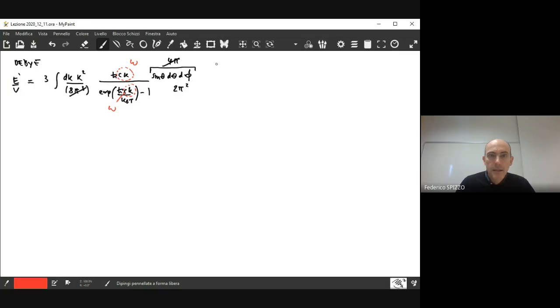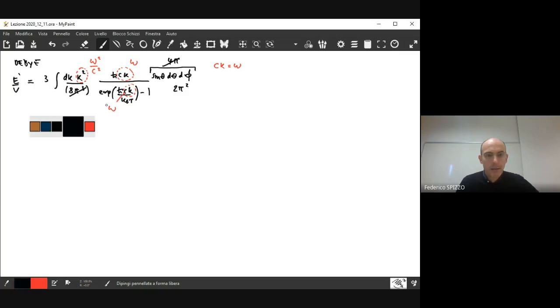Then, since ck is equal to omega, I may replace this k squared with omega squared divided by c squared.